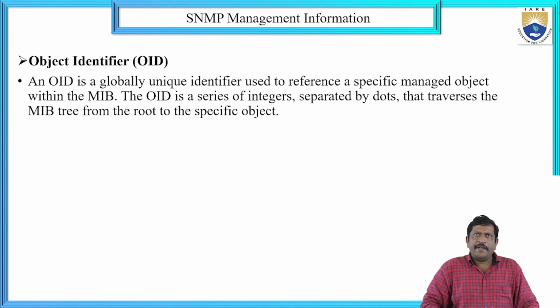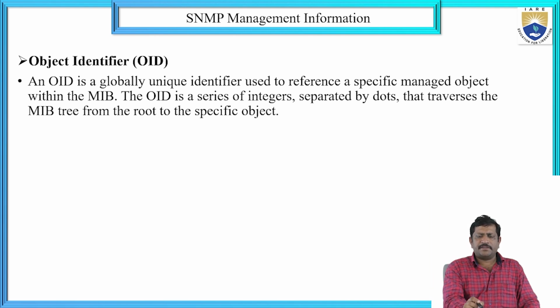Object identifiers are a series of integers, meaning the objects are stored in a series, for example SNMP.